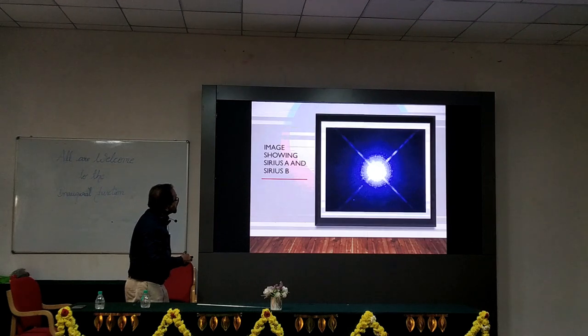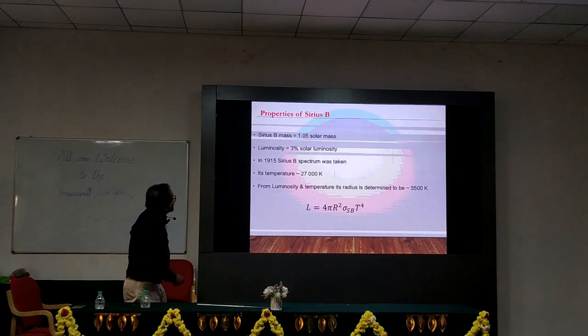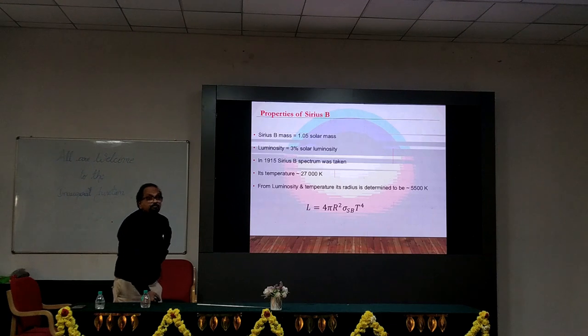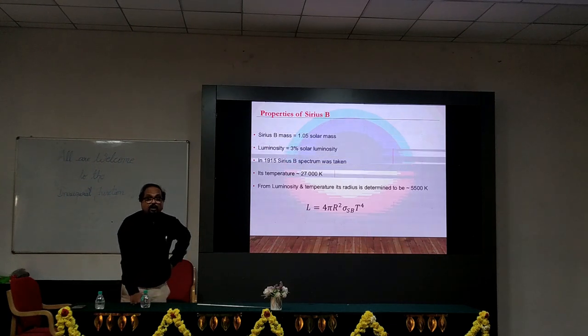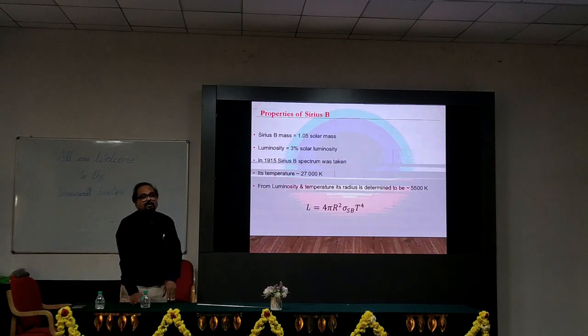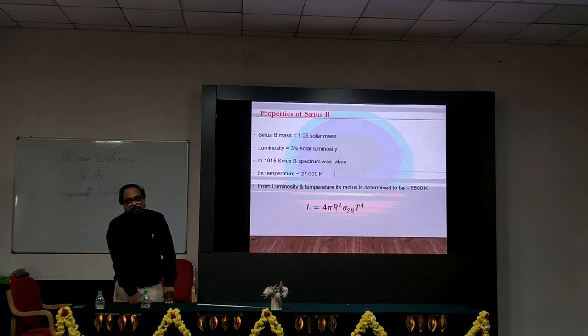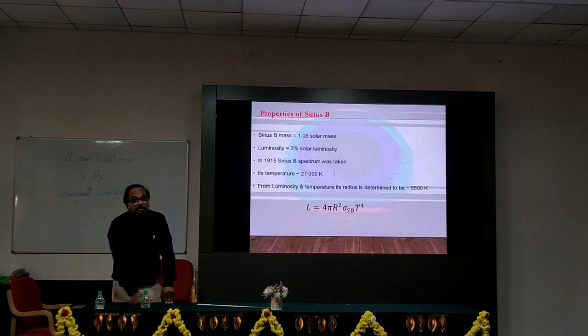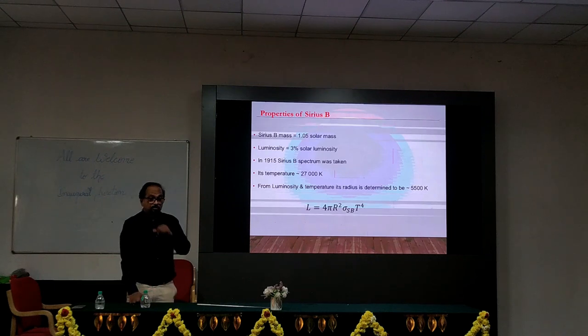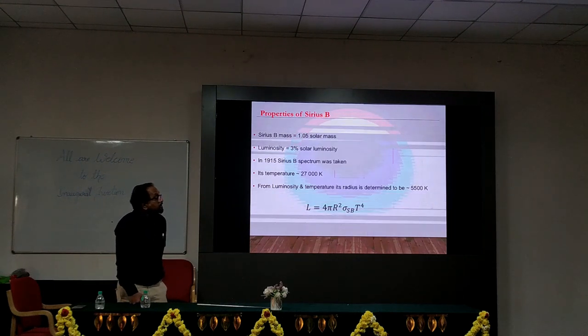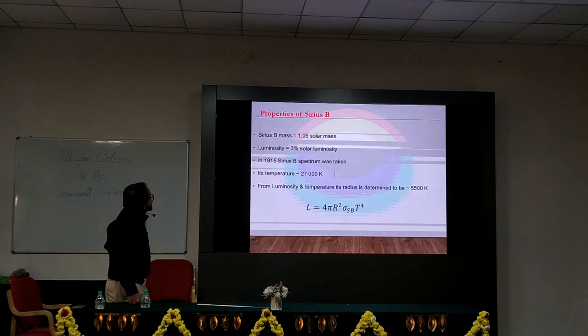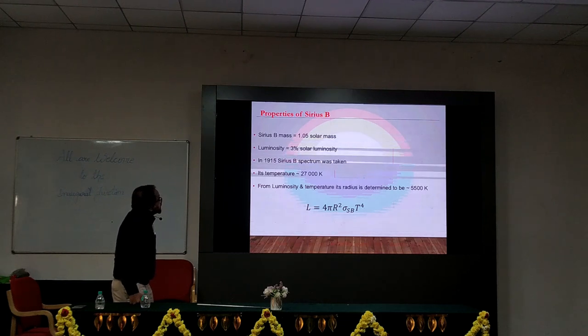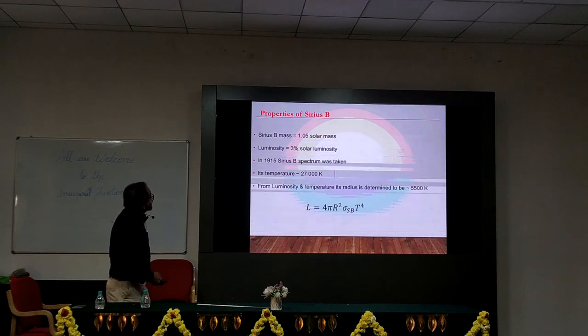So there was a conclusion that Sirius B was there. Once a new star like Sirius B was discovered, people started trying to figure out its properties. What are the properties of Sirius B? People did that exercise and came out with various parameters of that faint companion star.